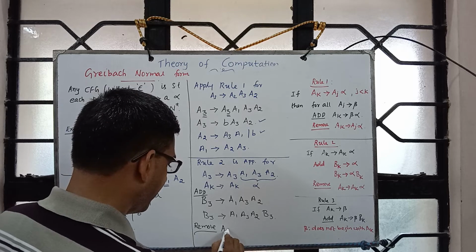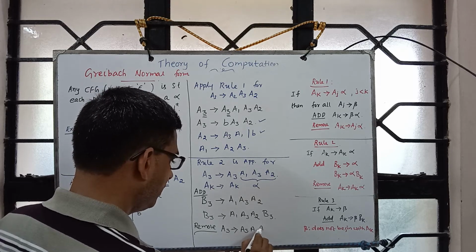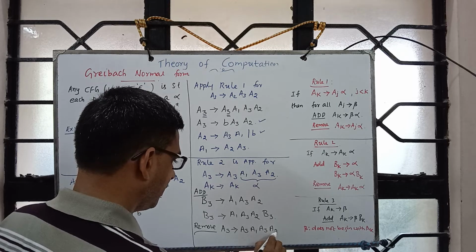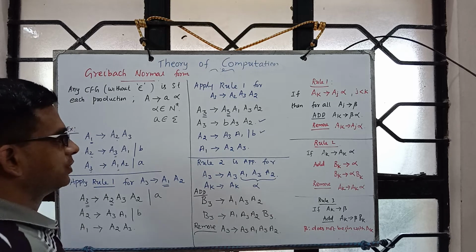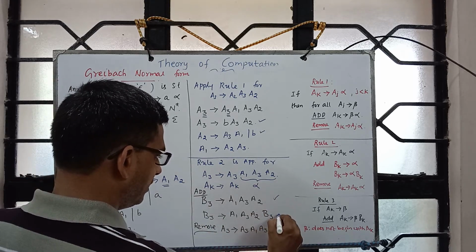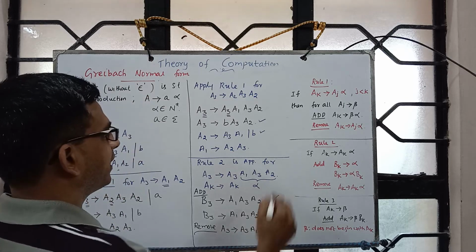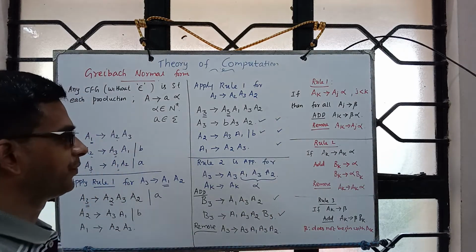We remove A3 implies A3, A1, A3, A2. Fine. So now the resultant one will have this one, and this one, and this one.